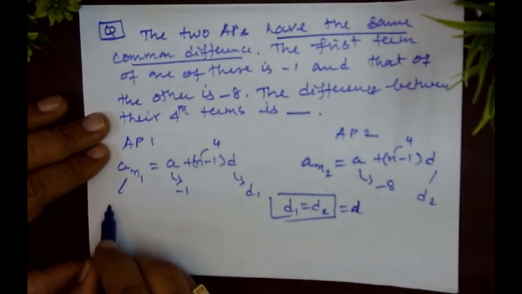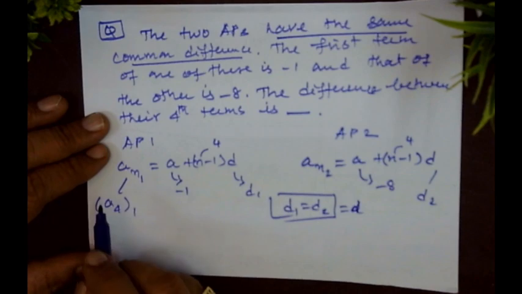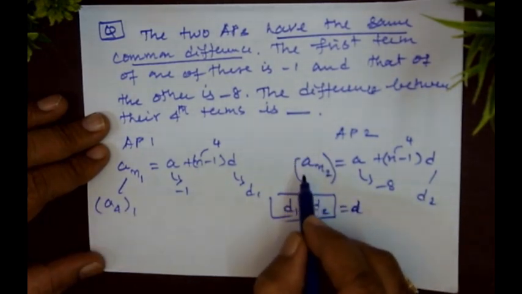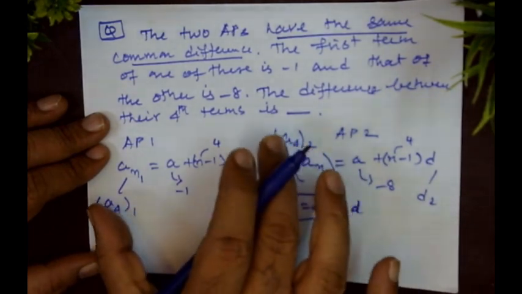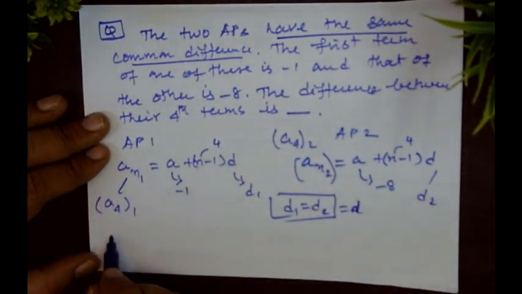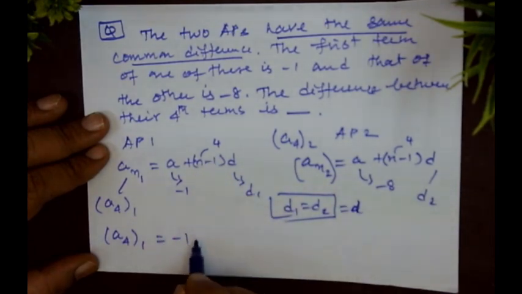So here this is a4 of AP1, and this is a4 of AP2. So this difference is asked. That is a4 of 1 is equal to minus 1 plus 3d.